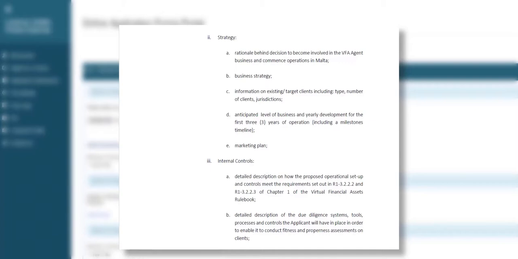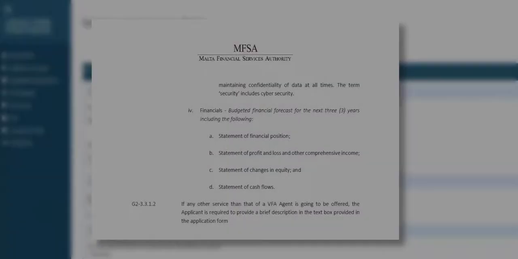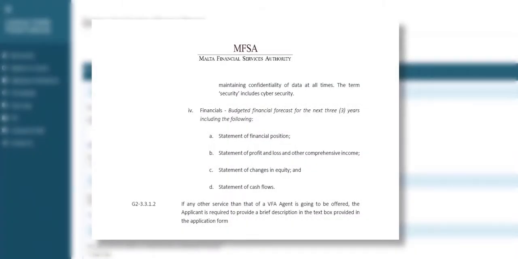The due diligence systems, tools, processes, and controls the applicant will have in place in order to enable it to conduct fitness and properness assessments on clients, and the security mechanisms in place to guarantee the security and authentication of the means of transfer of information, minimize the risk of data corruption and unauthorized access, and to prevent information leakage, maintaining confidentiality of data at all times.